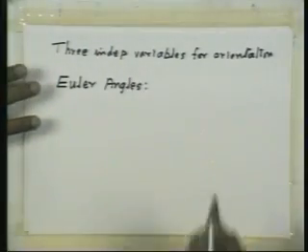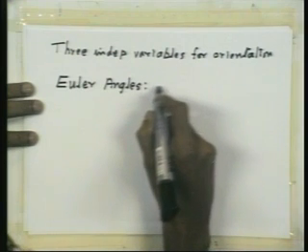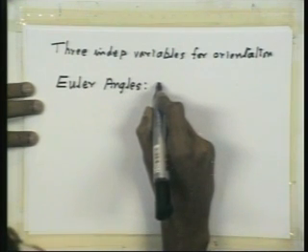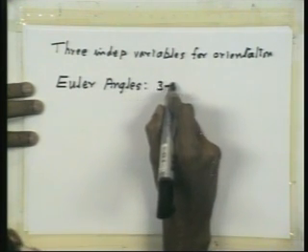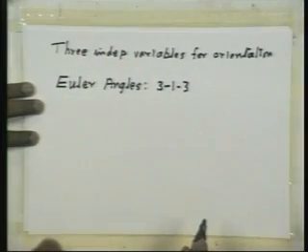So there are different types of Euler angles. What we will see are 3, 1, 3 Euler angles.